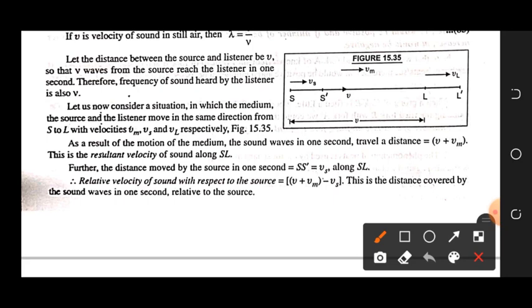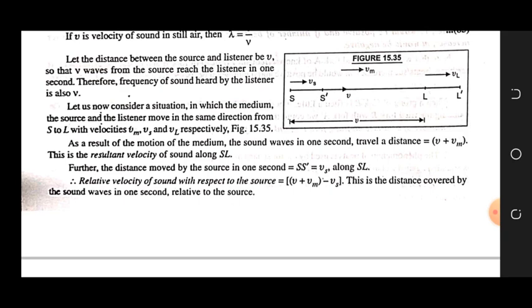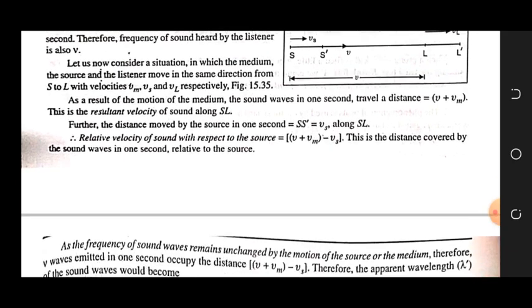Now the relative velocity of sound with respect to the source will be v plus vm, the velocity with which sound is traveling, minus the velocity of the source. If the source is moving, the relative velocity of sound is reduced. This is the distance covered by the sound waves in 1 second relative to the source, because the source is also moving, so obviously vs distance will be decreased from the overall distance v plus vm.